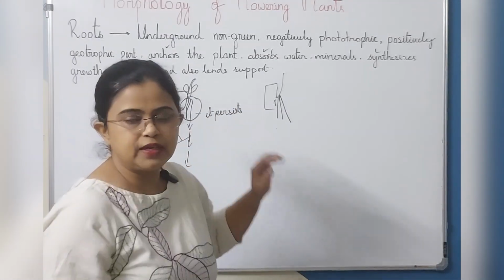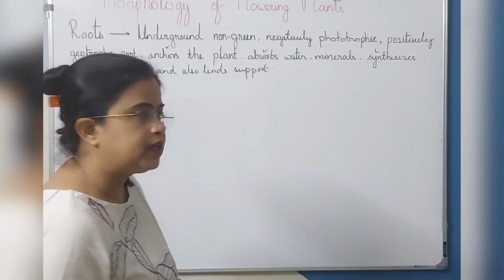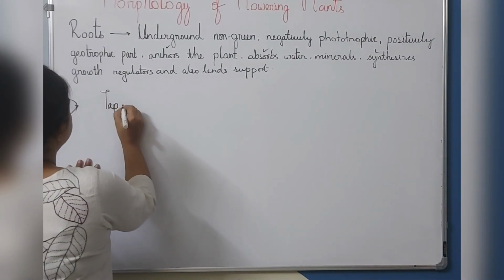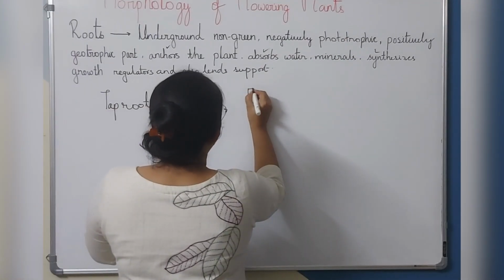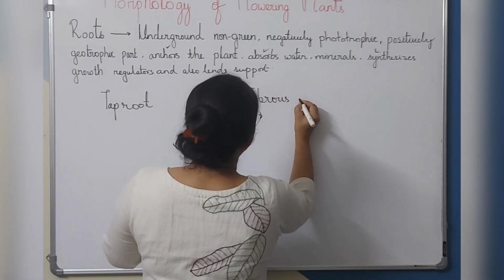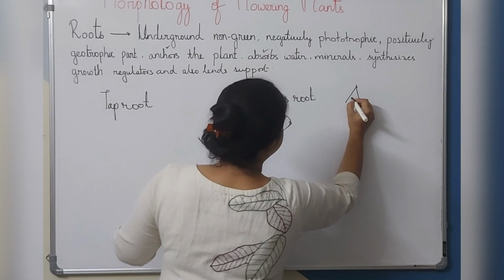Let me explain it to you clearly. So roots are of three types. Taproot, fibrous root, and adventitious root.